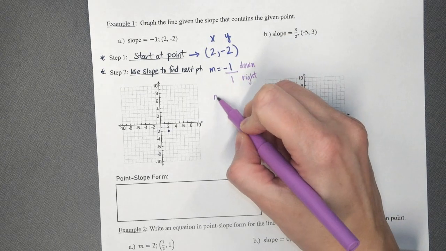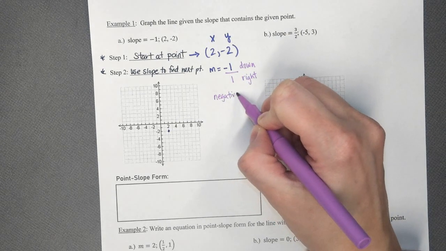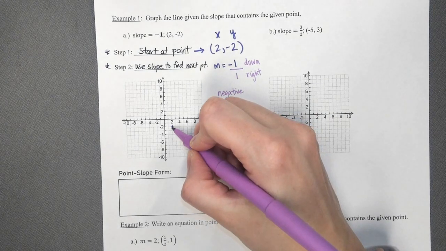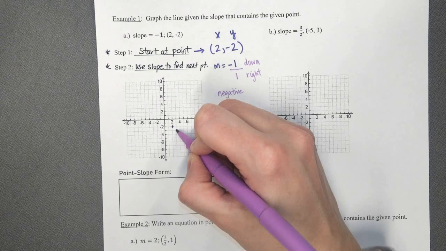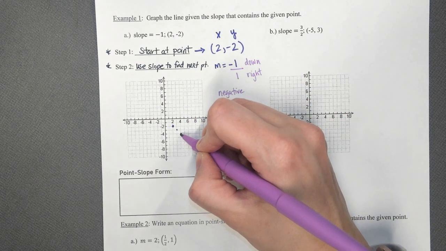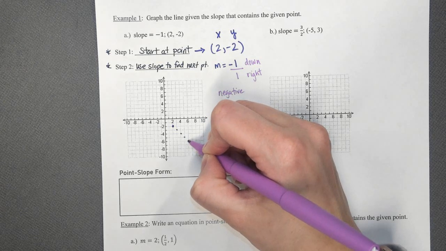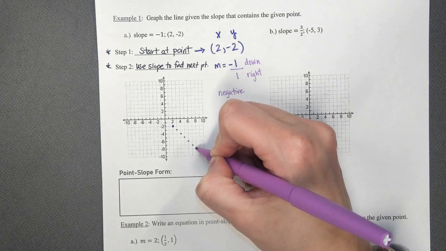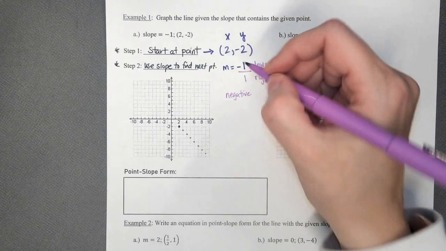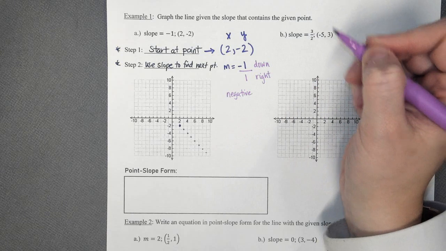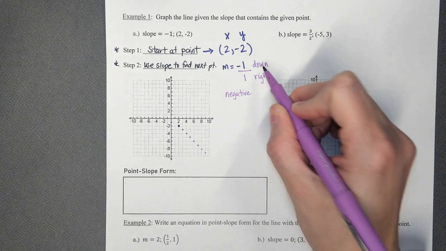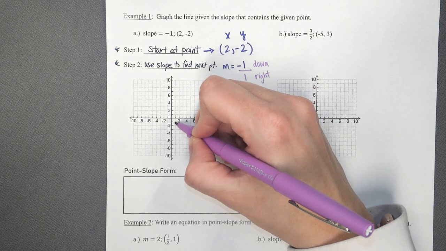Keep in mind, this is negative. So if it's negative from left to right, it should be going down. So if I go down 1 and then right 1, I'm going to be here. Now, if you keep doing that, can you guys see where these points end up? If it's -1, do you see how it's always going to be on your corners there? And then you can also go the opposite. So if you go down and right, you can also do the reverse, which is you can go up, but then you have to go left.